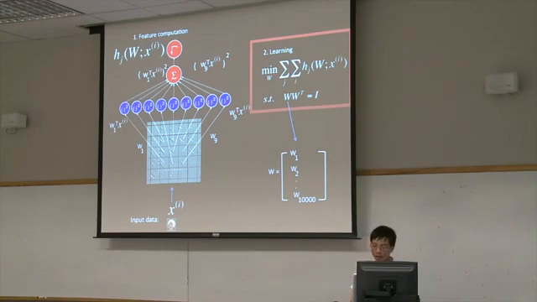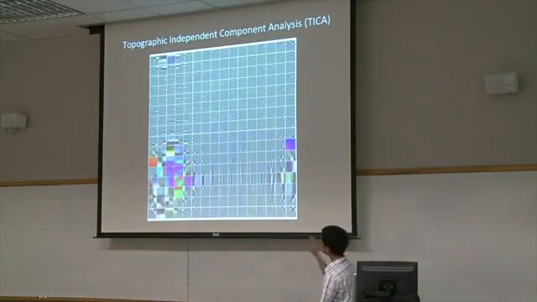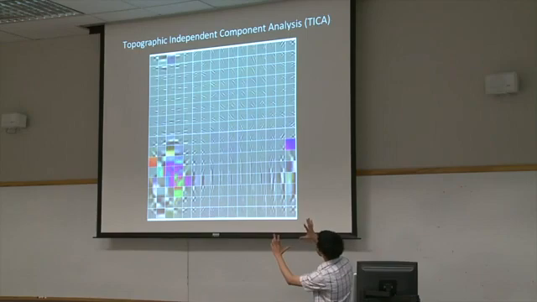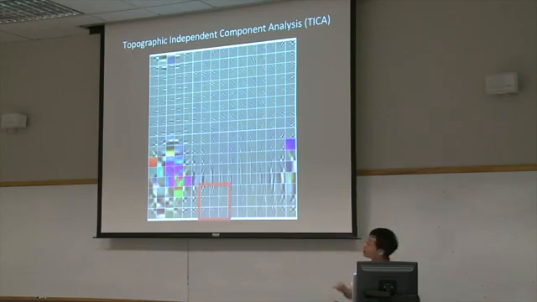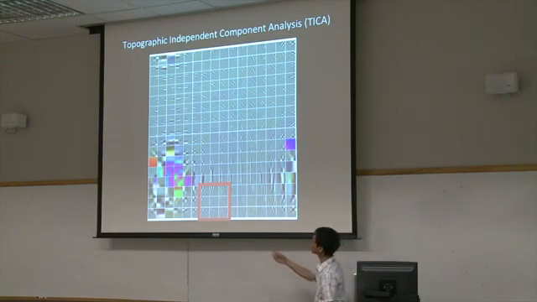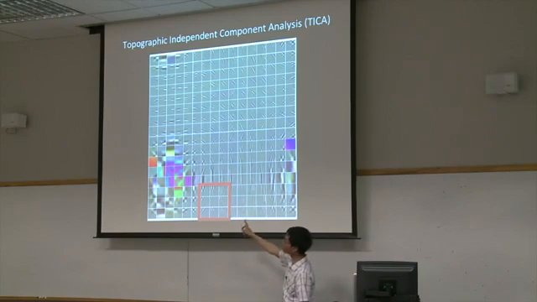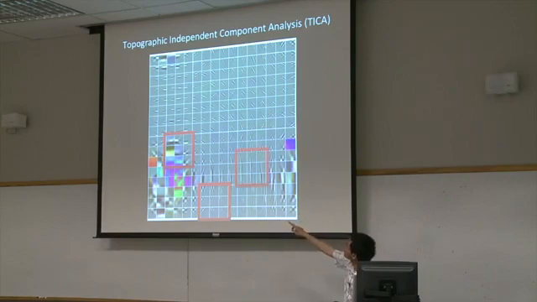So, after you learn that, here I apply it to color images. Then it will organize the random filters until you have some coherent representation like this, such that if I combine the features in a local area of the topography, I will end up with some invariances. So for example, I can learn rotation invariance, translation invariance, and scale invariance.